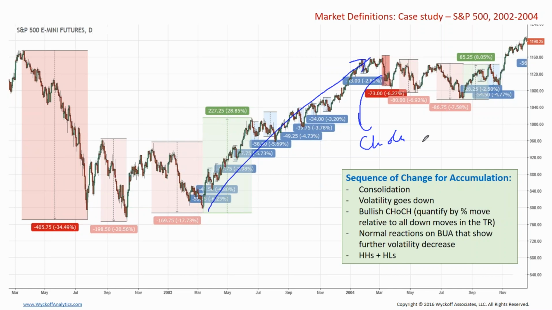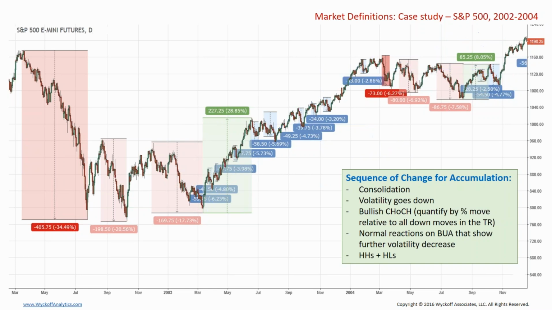It doesn't mean that we're going to go down, but at the minimum, we're going to consolidate. And during this consolidation, we have to define what it is going to be. Is this going to be a distribution, or is it going to be a reaccumulation with the further resumption of the trend and continuation?